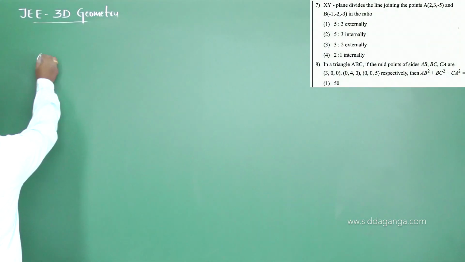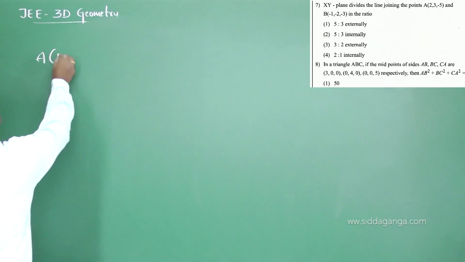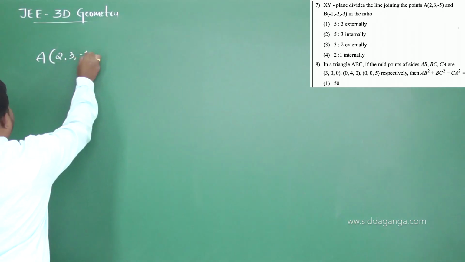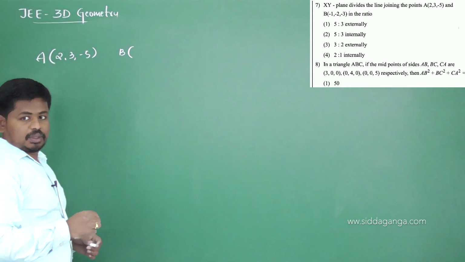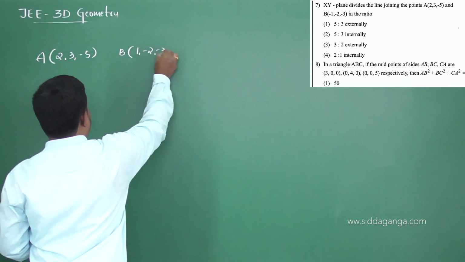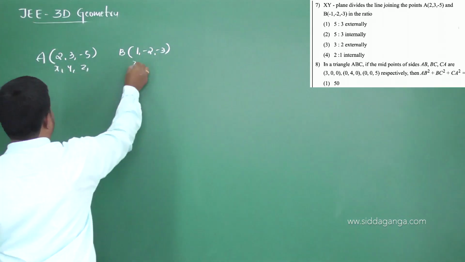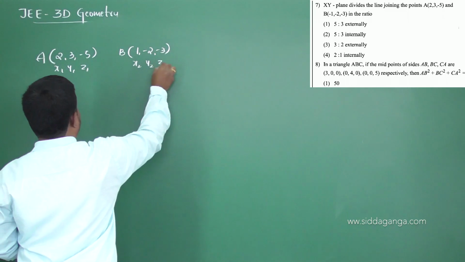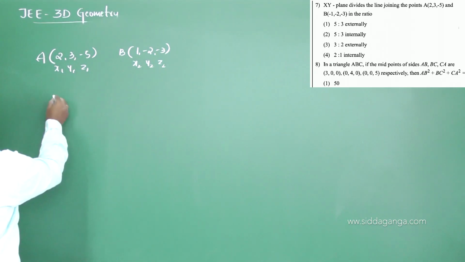Here we have the points. First point A is 2, 3, minus 5 and B is what? 1, minus 2, minus 3. So this is x1, y1, z1, this is x2, y2, z2. So the ratio in which these 2 points are divided by the xy plane is given by what?